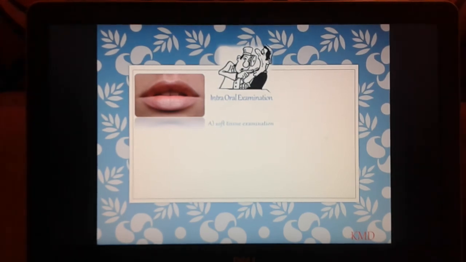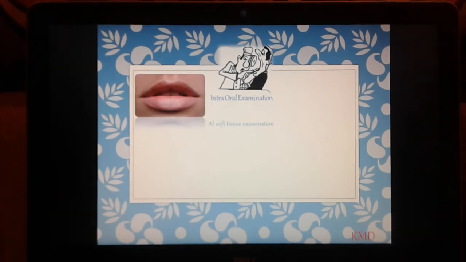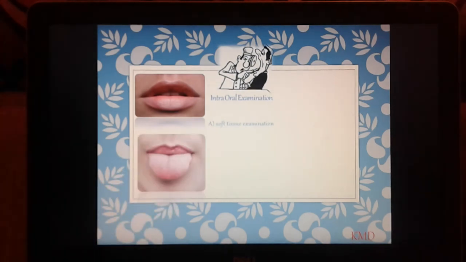And the second one is the tongue. Likewise, tongue examination is done to check for the volume of the tongue.